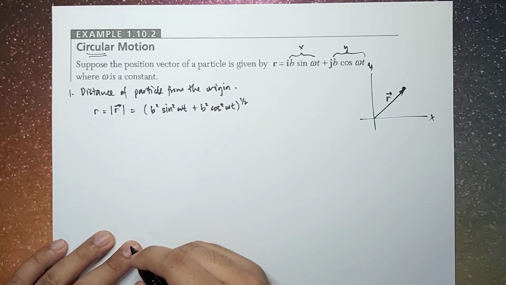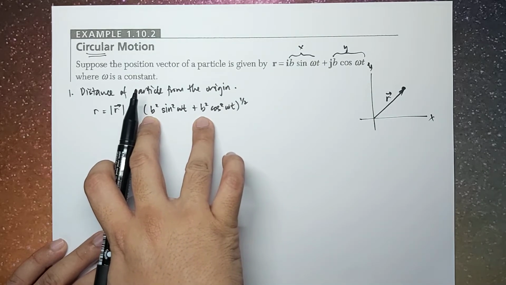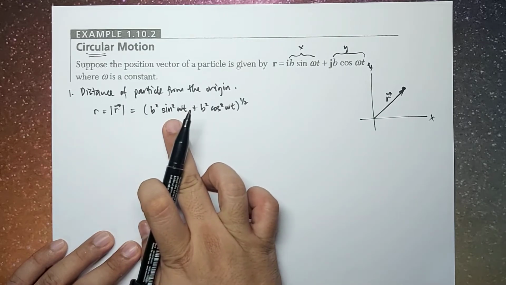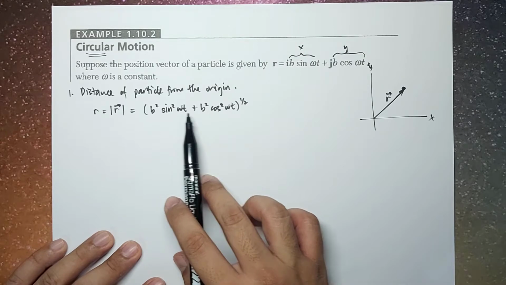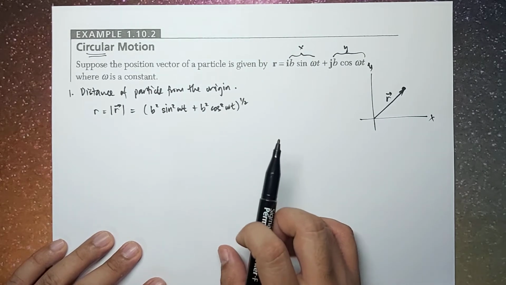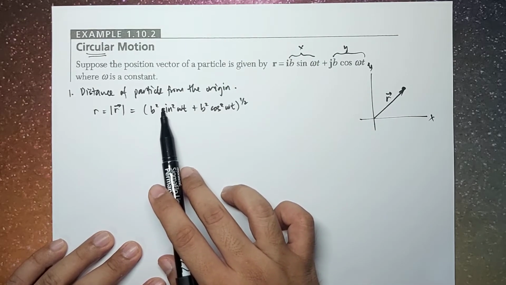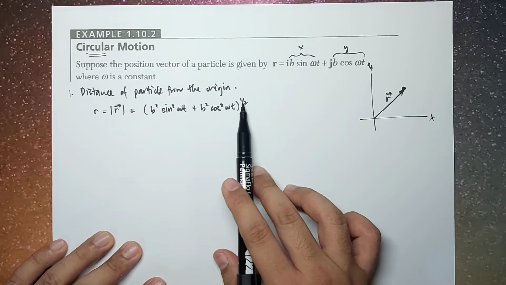Here we can factor out b squared, and we're left with sine squared omega t plus cosine squared omega t, which is equal to 1. Then that becomes b squared to the 1/2, or simply b.